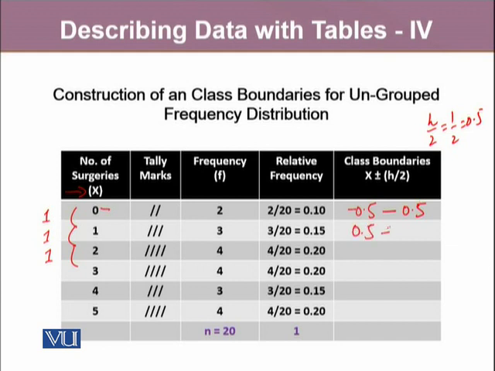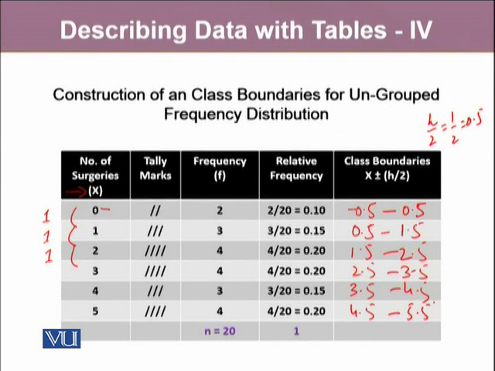For the second class it is 0.5 and 1.5, then 1.5 to 2.5, 3.5, and it goes on. These are the class boundaries for the ungrouped frequency distributions. We do need class boundaries when we are constructing different graphs for these variables.